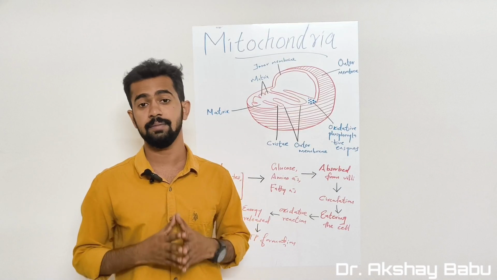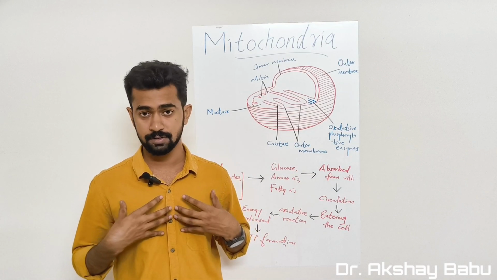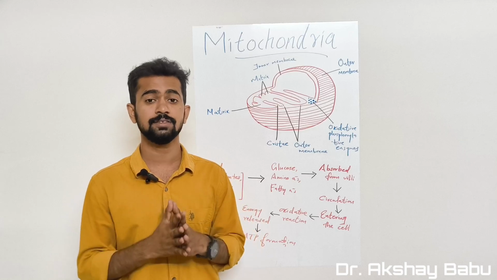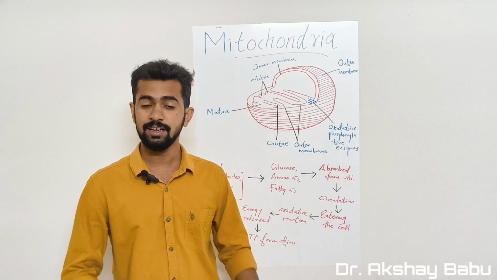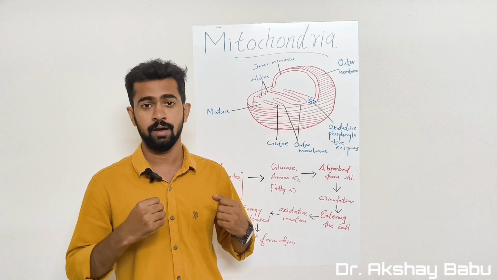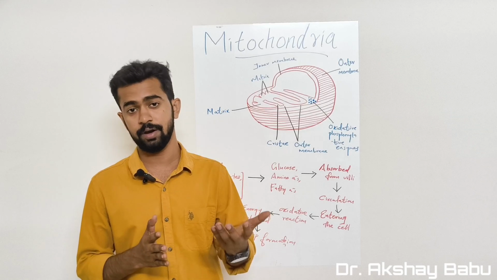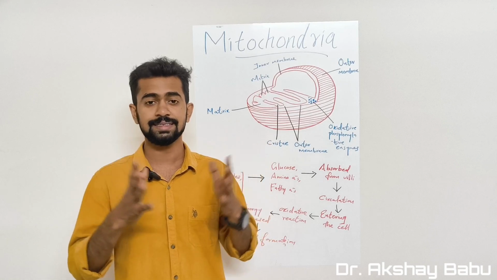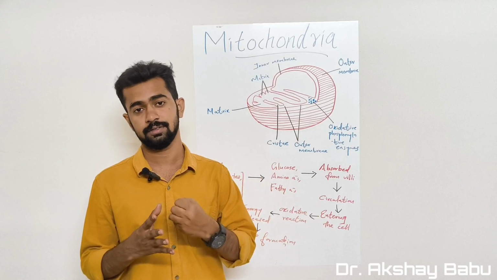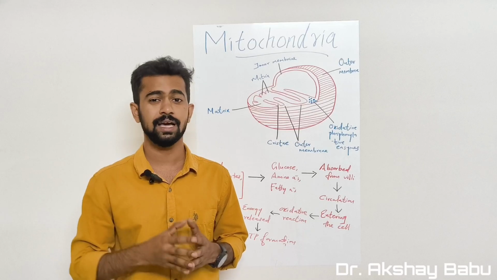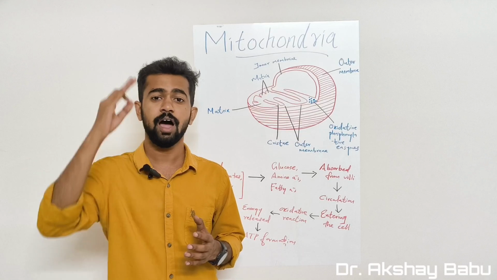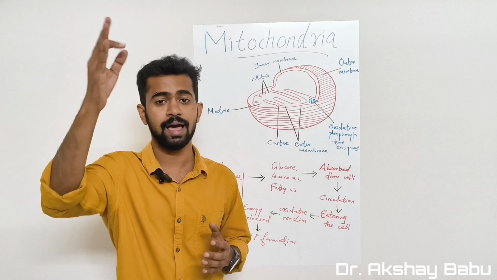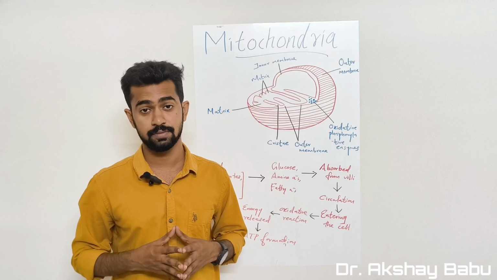So consider one example. Our skeletal muscles. When these skeletal muscles are subjected to intense training, lots and lots of energy will be required. So from where can this energy be extracted? So this energy can be extracted from a high energy yielding molecule known as ATP.